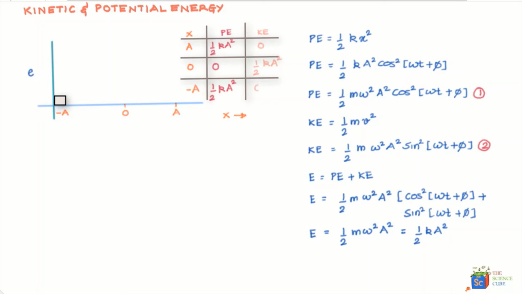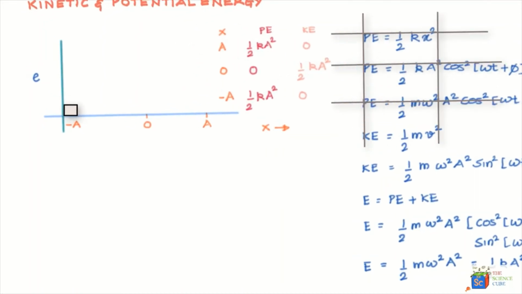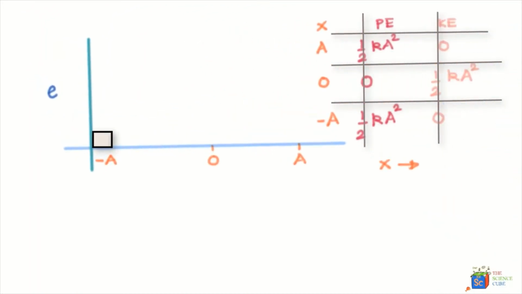Now all the energy is in the form of potential energy, so we write half k a square here, and at this point we have kinetic energy 0. This is the basic values of energy that is given.